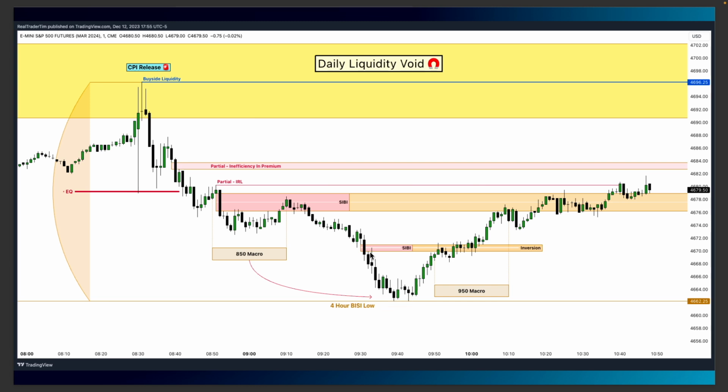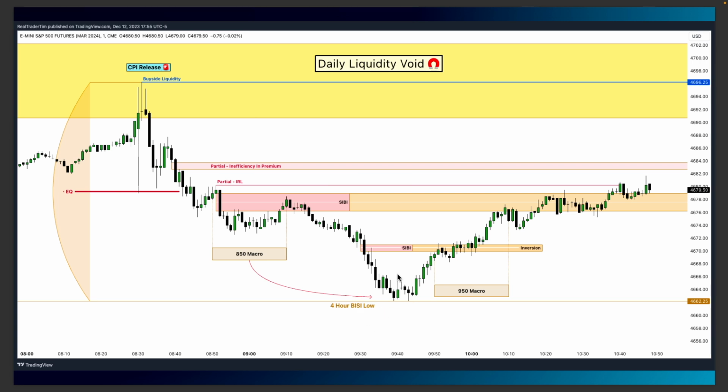So this SIBI and this SIBI are of interest to me. Why? Because they were the PD arrays, the inefficiencies during the macro, that sent us to our sell side target, a key reference point in discount of our dealing range, that 4-hour fair value gap low.